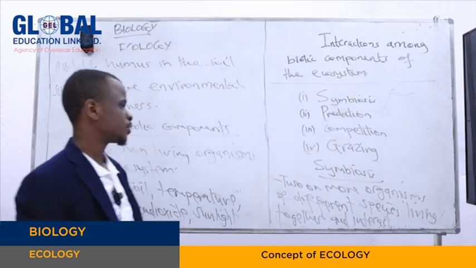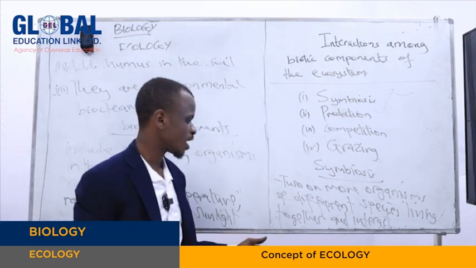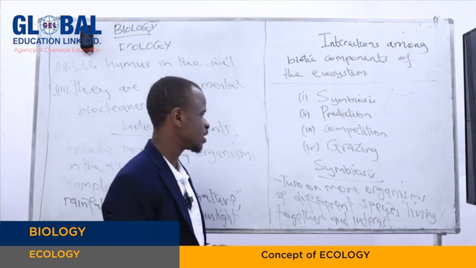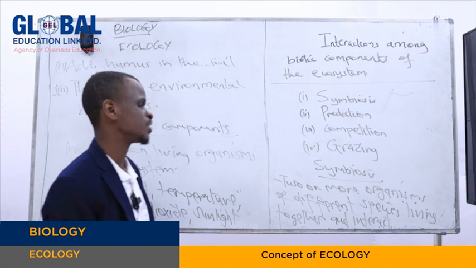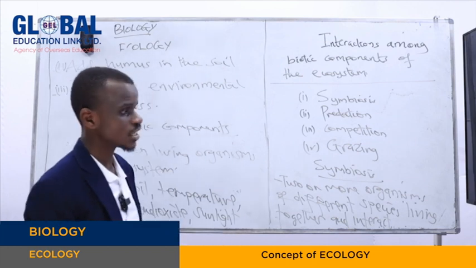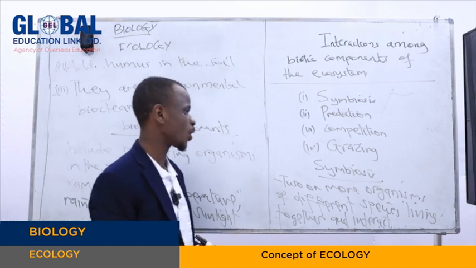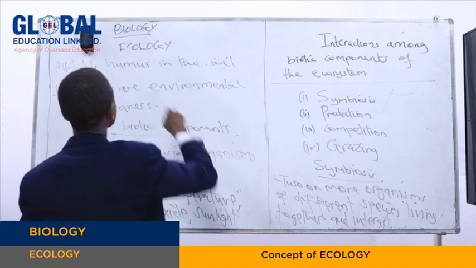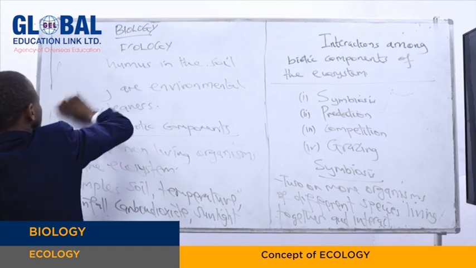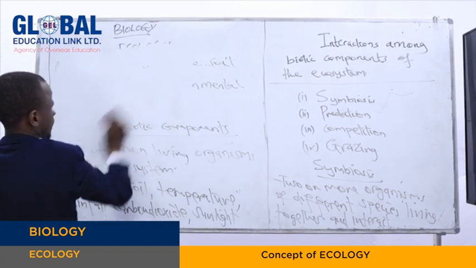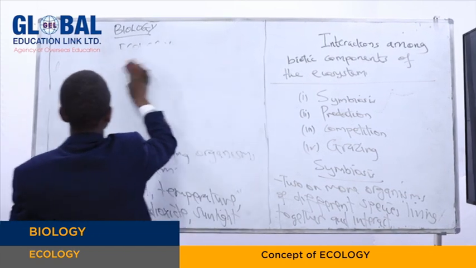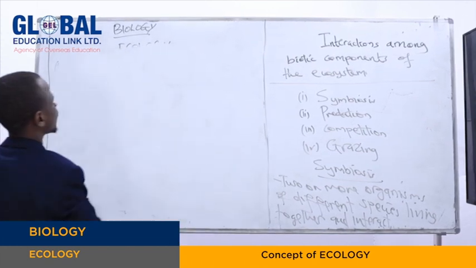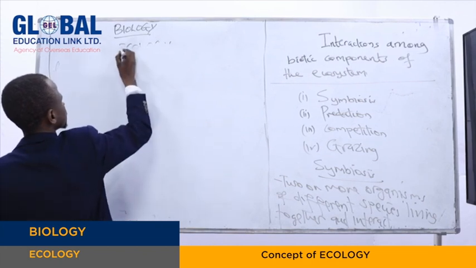For example, you can find a human being has a tapeworm inside. Therefore, tapeworm and a human being are 2 organisms of different species. For example, a tick and a cow are 2 organisms of different species. Now, our topic is ecology.